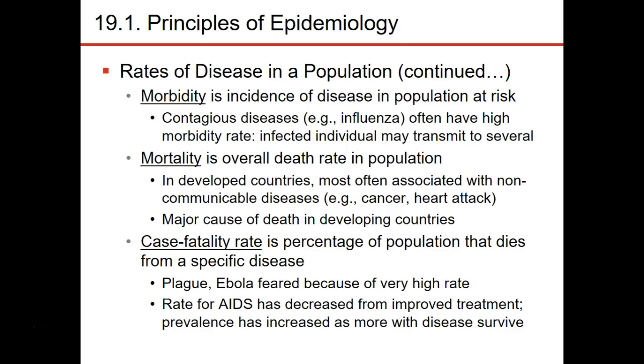They are focusing on diseases that can spread from person to person. The case fatality rate is the percentage of a population that dies from a specific disease. So again, these are communicable diseases. Influenza would be an example of a serious disease that has killed many individuals.